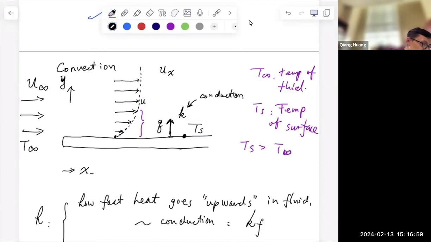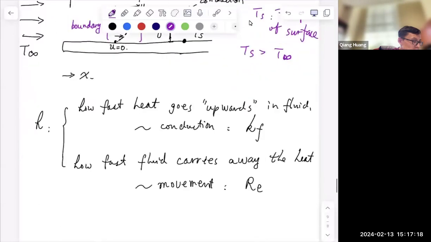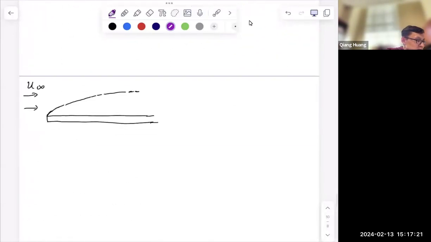So this will be u infinite, and this is equal to 0. And this range is called the boundary layer, or boundary region. And this boundary develops from left to right.